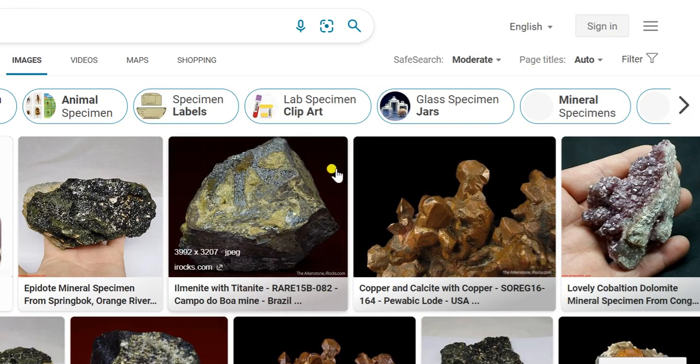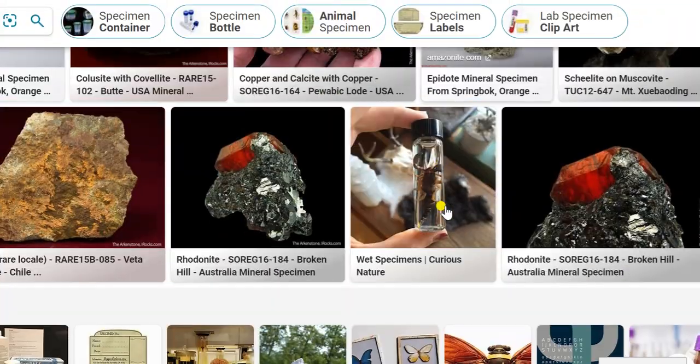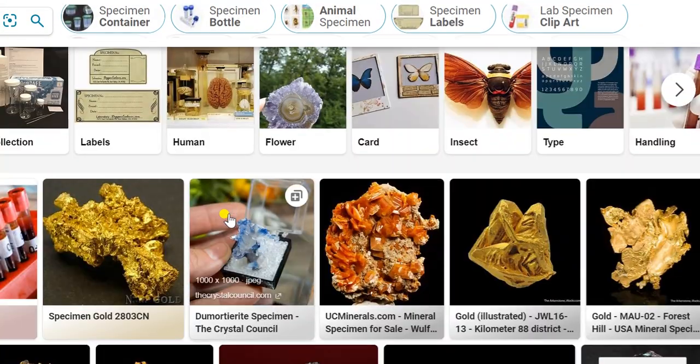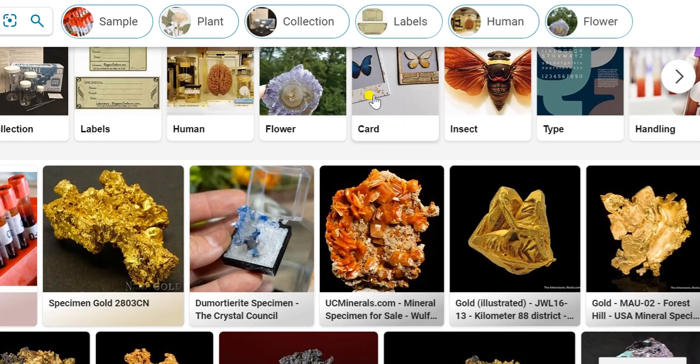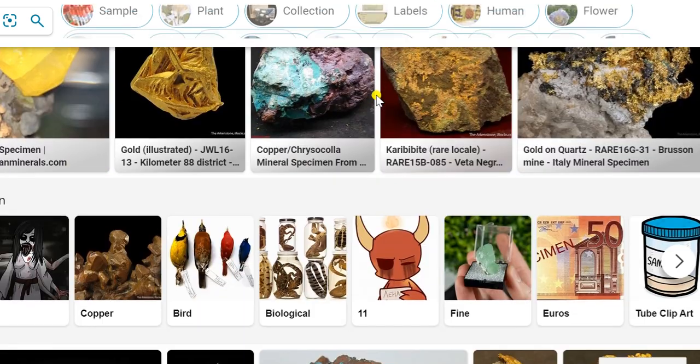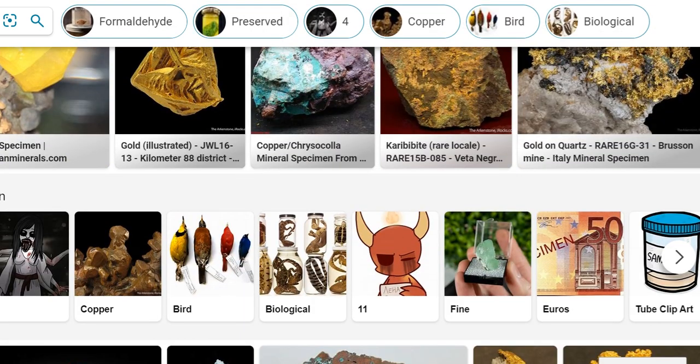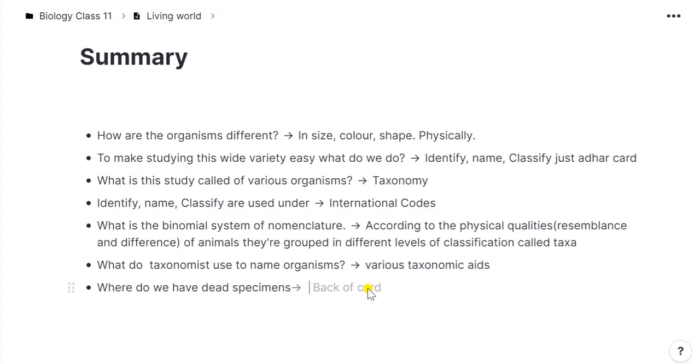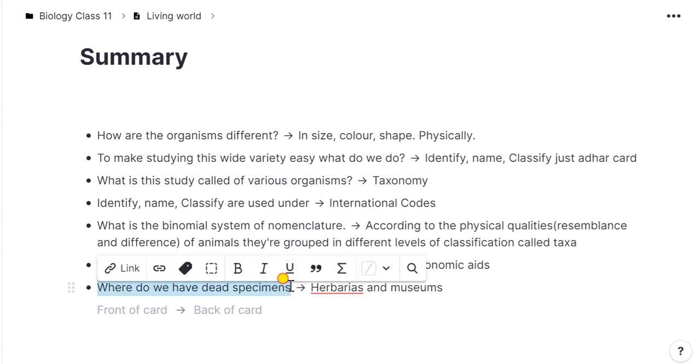We are understanding how they work. So these are all dead specimens, found in herbaria and museums. In museums we find dinosaurs also, right? Where do we find live specimens?